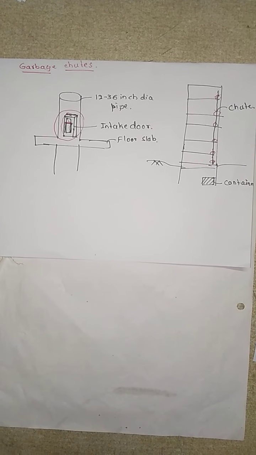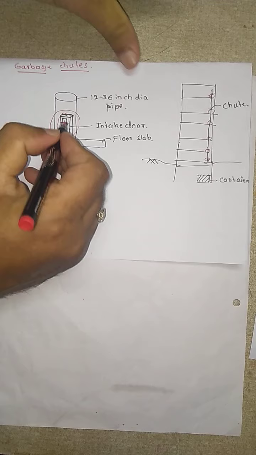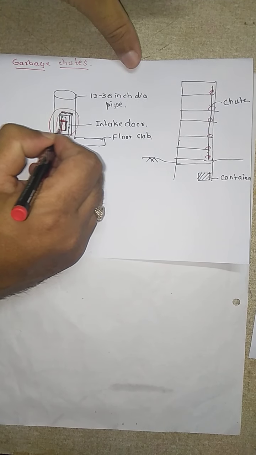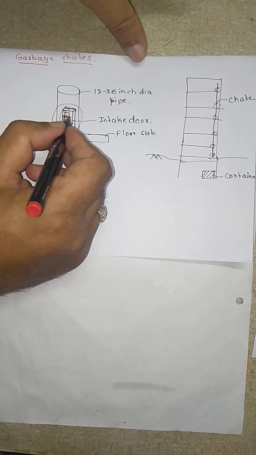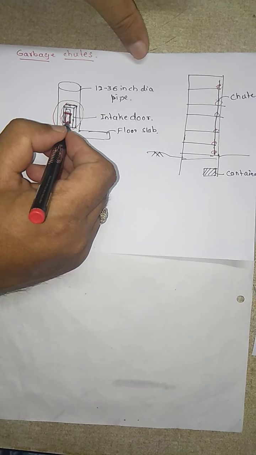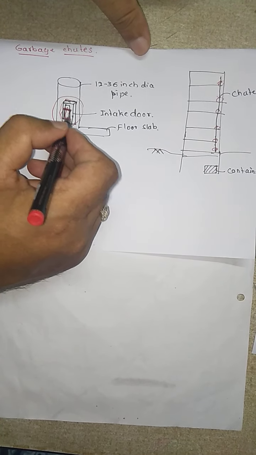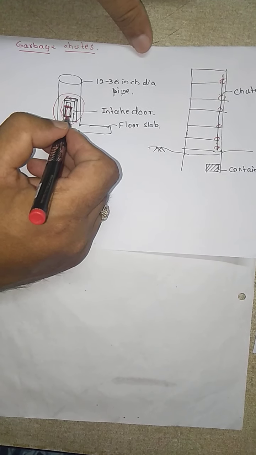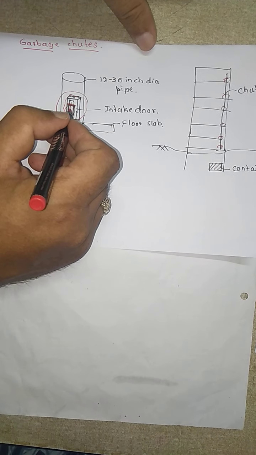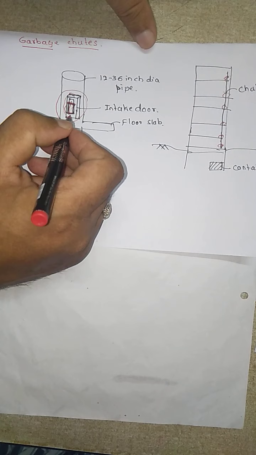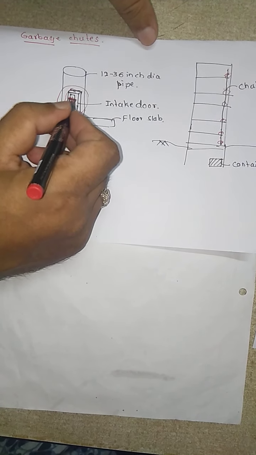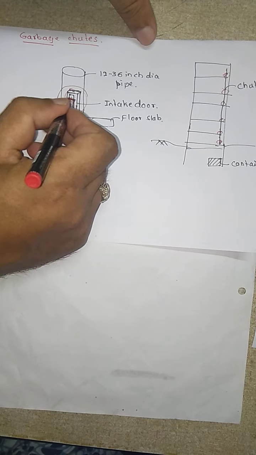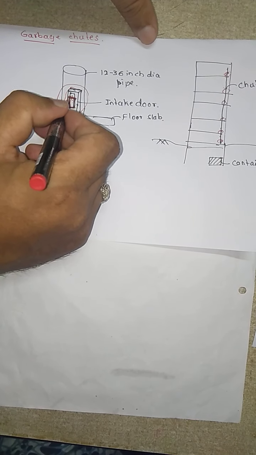We open it whenever we have waste, and we either deposit the waste directly from the dustbin, or we make solid waste bags and throw them into this intake door.